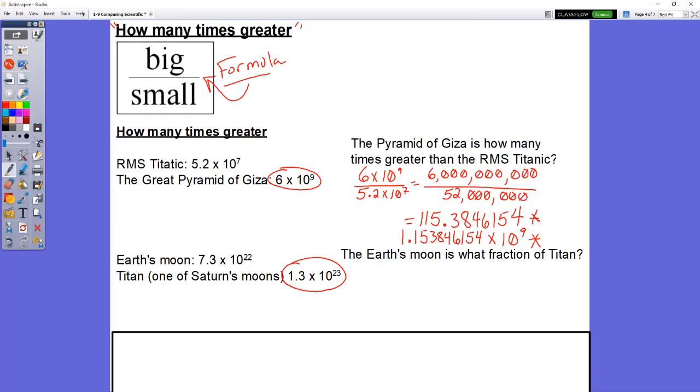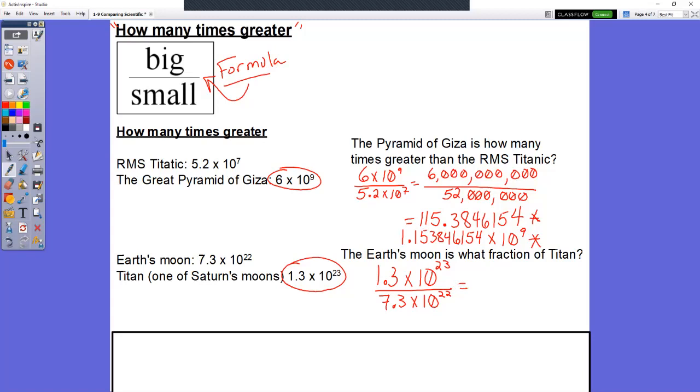I'm just going to write it as 1.3 times 10 to the 23rd divided by 7.3 times 10 to the 22nd power.